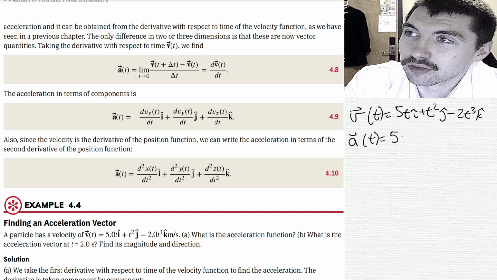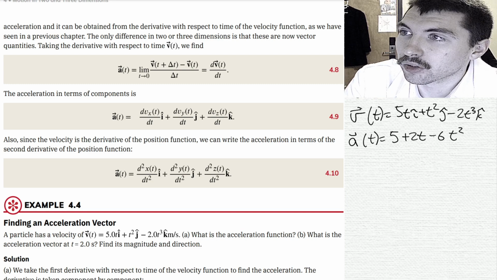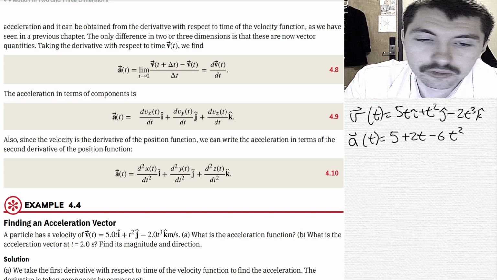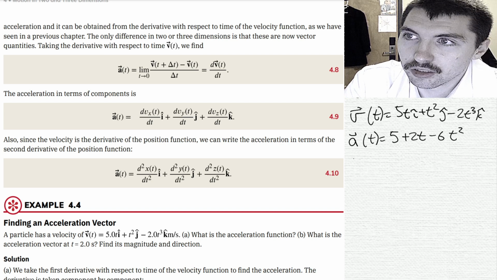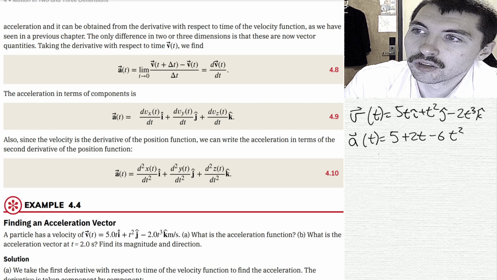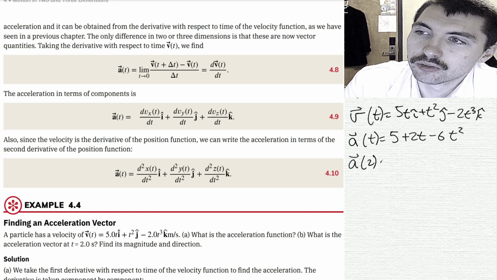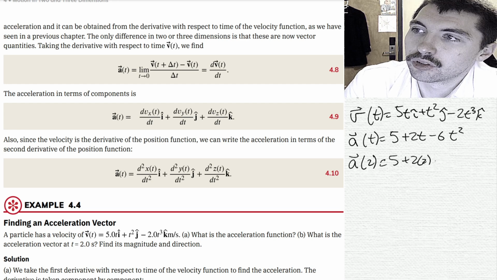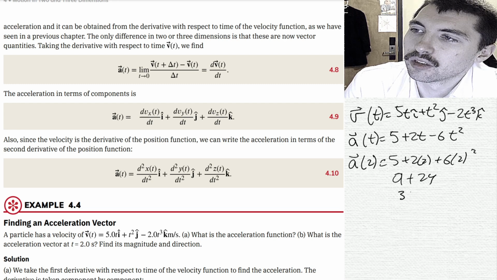So it's 5 plus 2t minus 6t squared. They want the acceleration at t equals 2, so a of 2 is 5 plus 4 plus 24. It's going to be 33.